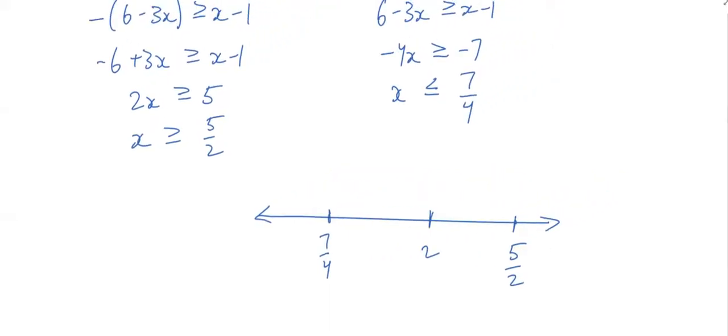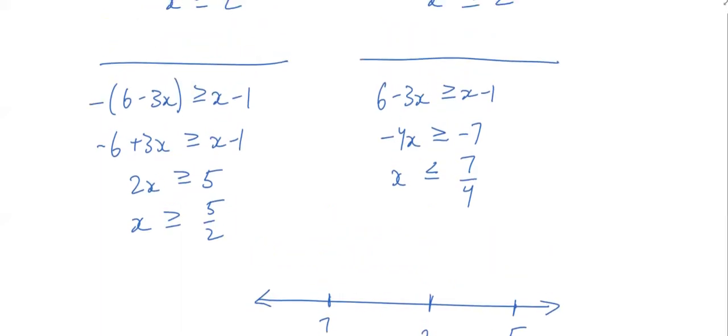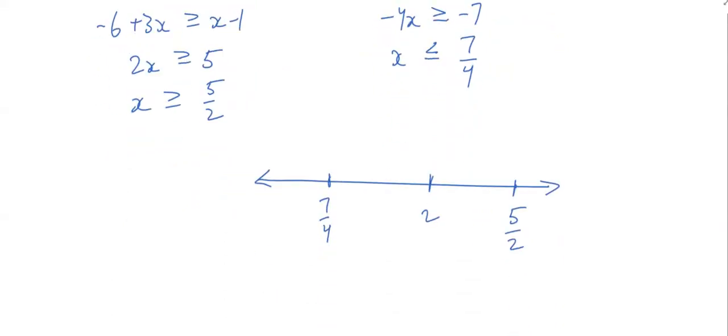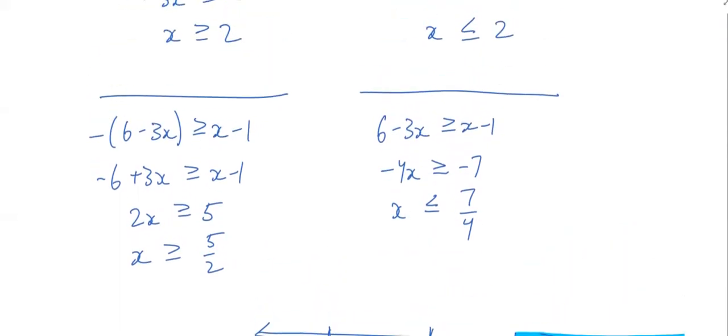Case number 1 says values of x that are greater than or equal to 5/2. Look, and they have to be greater than or equal to 2. When I come down here, they're all greater than or equal to 2. Values of x that are less than or equal to 7 over 4, 1.75, that are also less than 2.